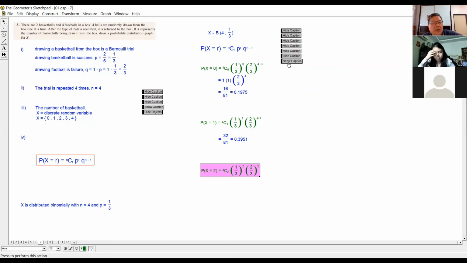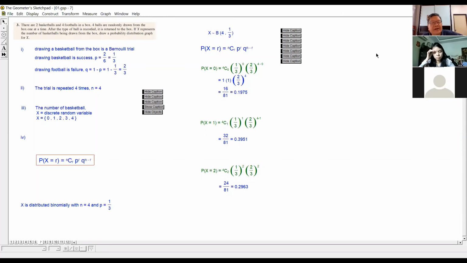Anyone don't know how to use the calculator? Never mind. Afterwards, I will make a short video on how to use the calculator, and I show you how to calculate this number. So the value is 24 over 81, 0.2963.